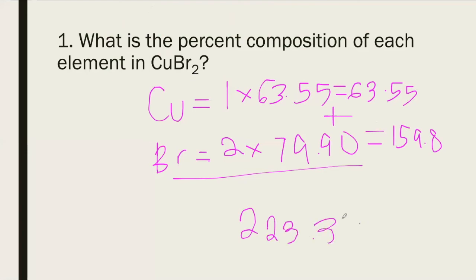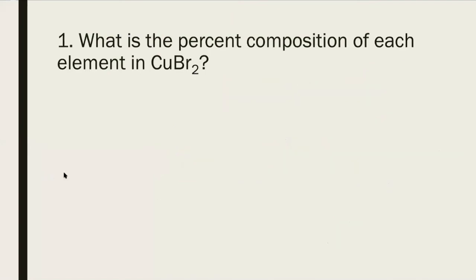223.35. So now we know in this compound, there is 159.8 grams worth of Br and 63.55 grams worth of Cu. So to find the percent composition, it is atomic weight over atomic mass multiplied by 100%.